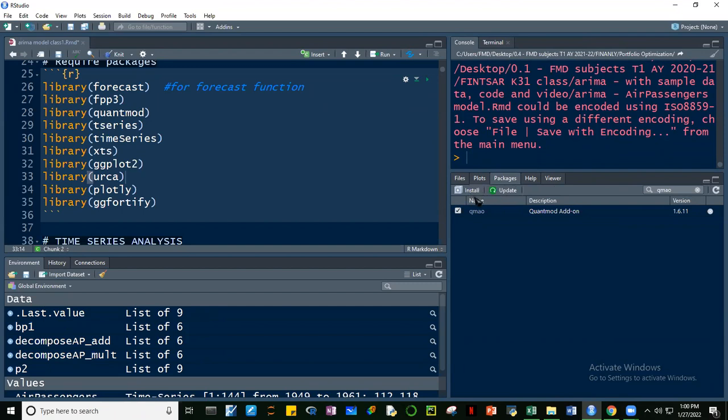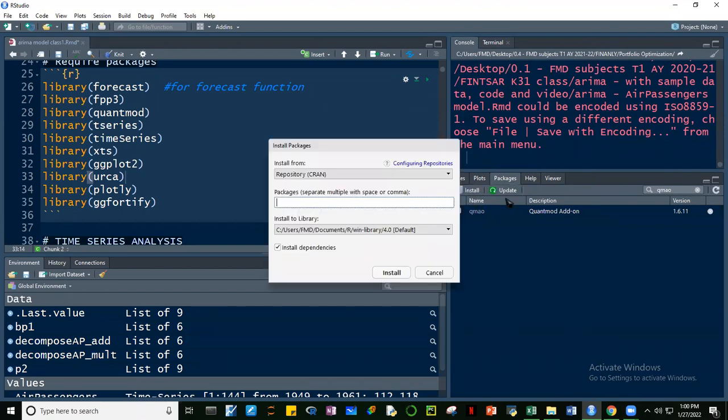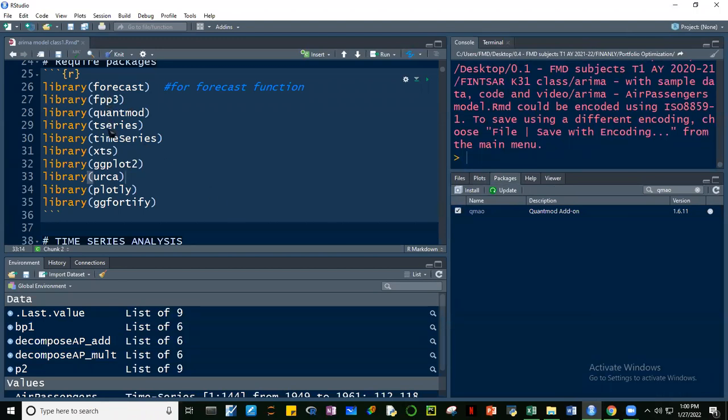Pwede kayong mag-install dito, for example, under packages. And then ilagay nyo kung ano yung pwedeng multiple yan guys, no? May comma. Forecast, comma, FPP3, etc. Okay, so I'll just give you a few minutes guys. And once you're done, once you have installed this and required it, paki-chat ng yes, no? So ito yung mga packages na gagamitin natin ngayon.